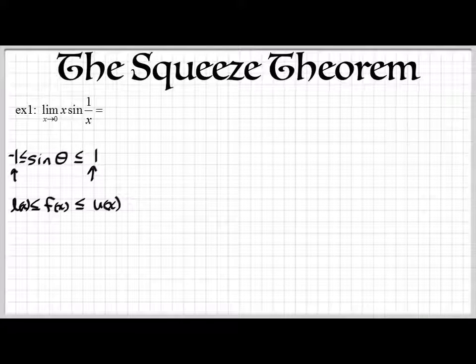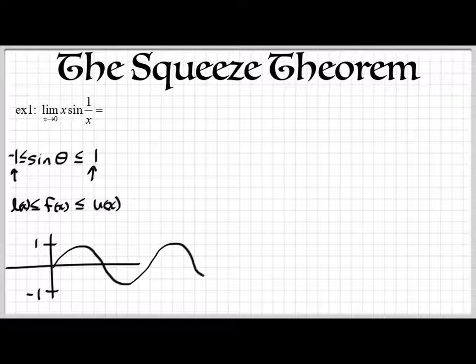Because, okay, think about the graph of sine. You guys remember the graph of sine? The highest number is 1 and the lowest number is negative 1, right? And when I graph this, it would do something like this, and it keeps going forever. So this is the graph of sine theta.